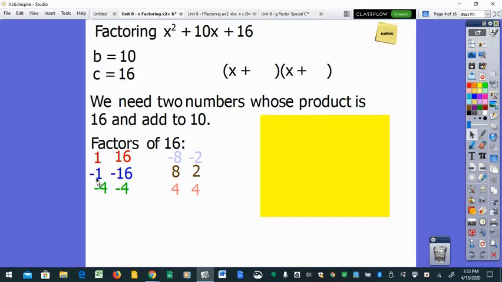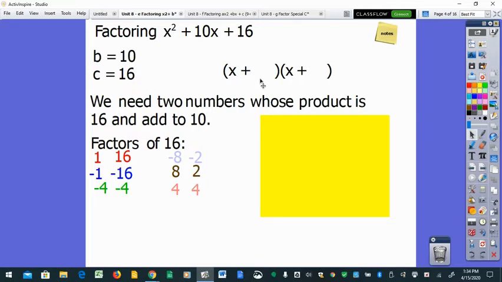And what I've done is I've written all the possible factors out here, and don't forget your negatives. So 1 times 16, negative 1 times negative 16, negative 4 times negative 4, positive 4 times positive 4, 8 times 2, and negative 8 times negative 2 are the only combinations of integers that will multiply to give us 16.